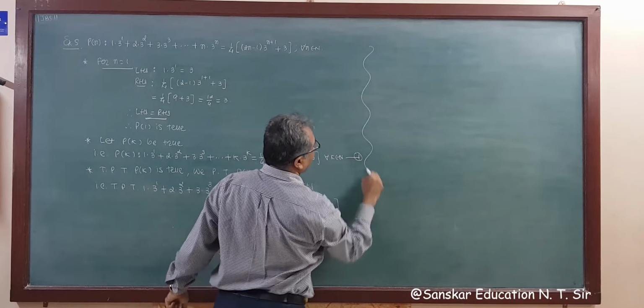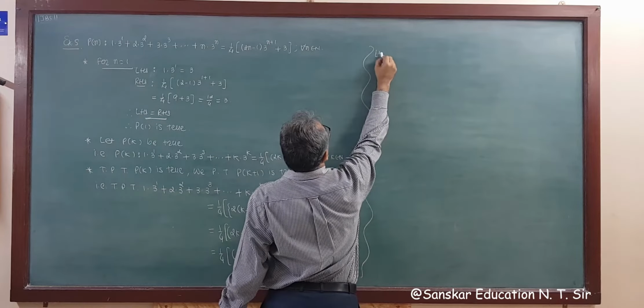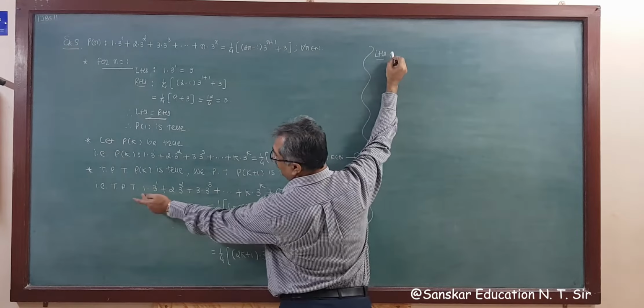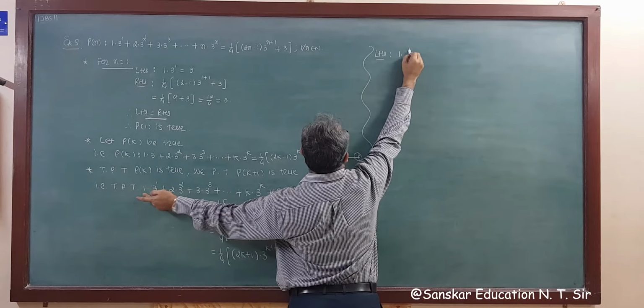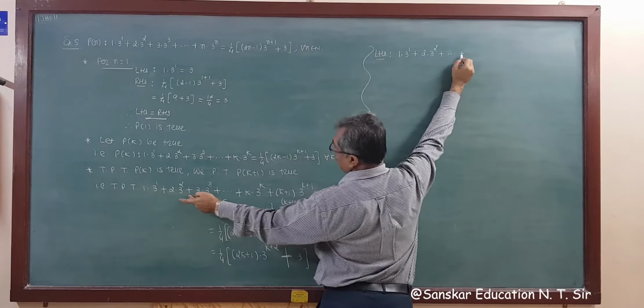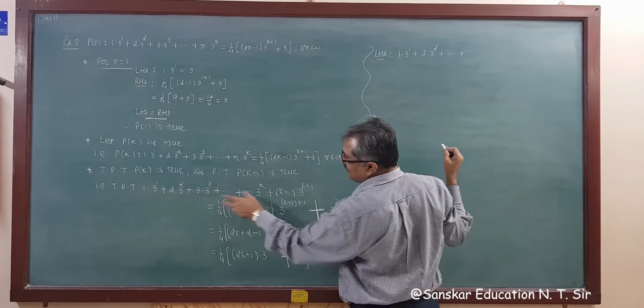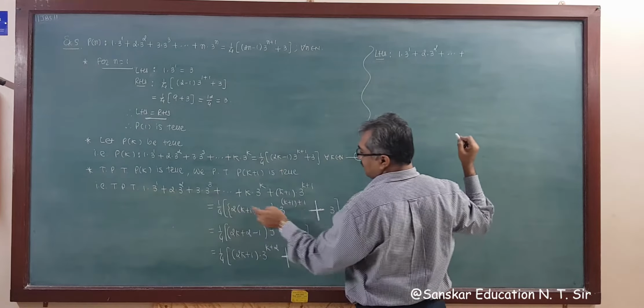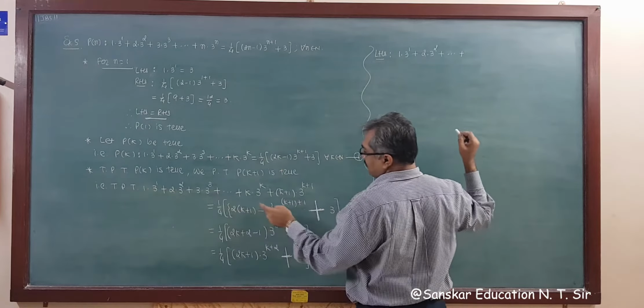So writing left hand side, I am writing only two terms, 1 into 3 raised to 1, no need to write all terms, right. 2 into 3 square plus this plus, because important term is this and first two terms, so no need to write this term, right. Don't waste your time.